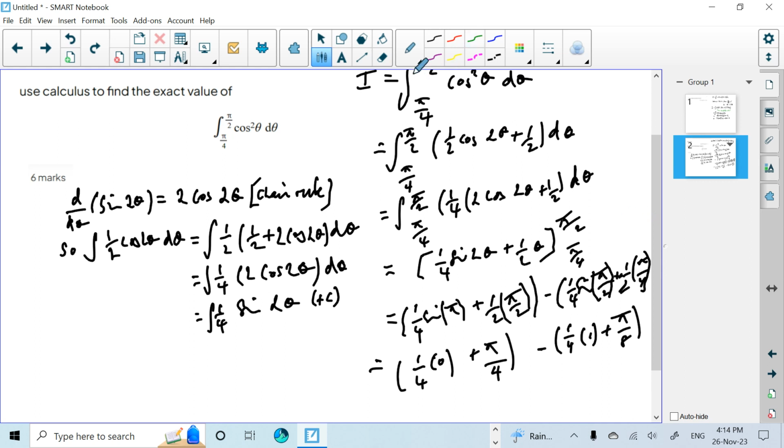That doesn't look much like a 4 there, so we need to make sure that's a little bit better. As pi over 4. Right, okay. Let's tidy up. So we've got pi over 4 minus 1/4 plus pi over 8.